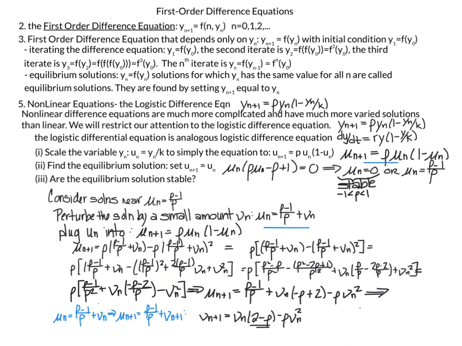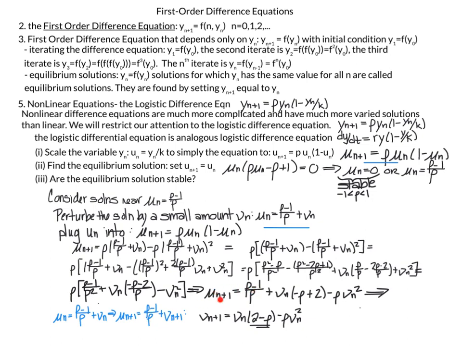And now I'm going to take a moment: mu n is equal to rho minus 1 over rho plus vn, which means our mu n plus 1 is equal to rho minus 1 over rho plus vn plus 1, which means this mu n plus 1 minus rho minus 1 over rho is going to equal vn plus 1. Again, this vn plus 1 is mu n plus 1 minus this rho minus 1 over rho, and that's exactly what we have here.